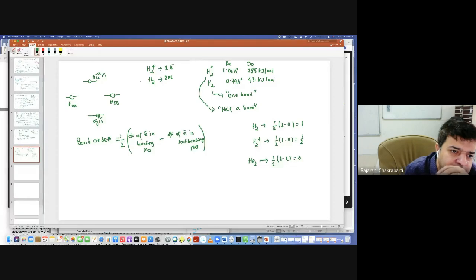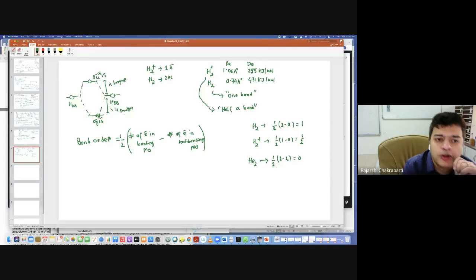If you see carefully, it is not shown here, but actually this gap is larger than this gap, which is smaller.